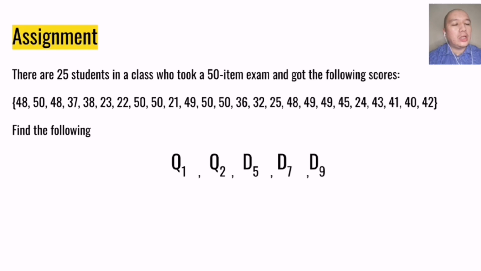What you need to look for is the first quartile, the second quartile, the fifth decile, the seventh decile, and the ninth decile. If you need help answering this, feel free to send me a message, or you can comment down on this video, so that I can tell if your answer is correct.